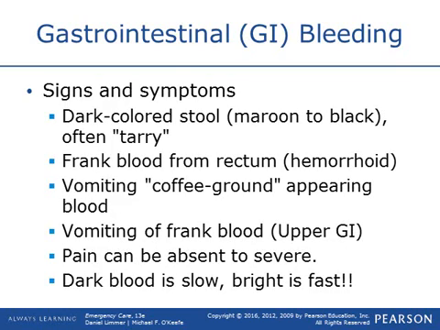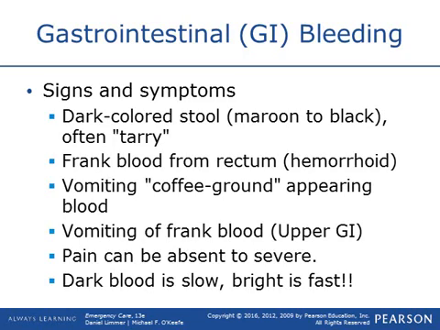With GI bleeding, dark colored stool, maroon, really black looking, often referred to as tarry, is going to be your lower GI bleeding. Having frank blood, that bright red blood, come out of the rectum, generally that's bleeding from a hemorrhoid. If you're seeing just bright blood, or there's just a little bit on the toilet, or they see it mostly when they wipe, that's generally bleeding from hemorrhoids.